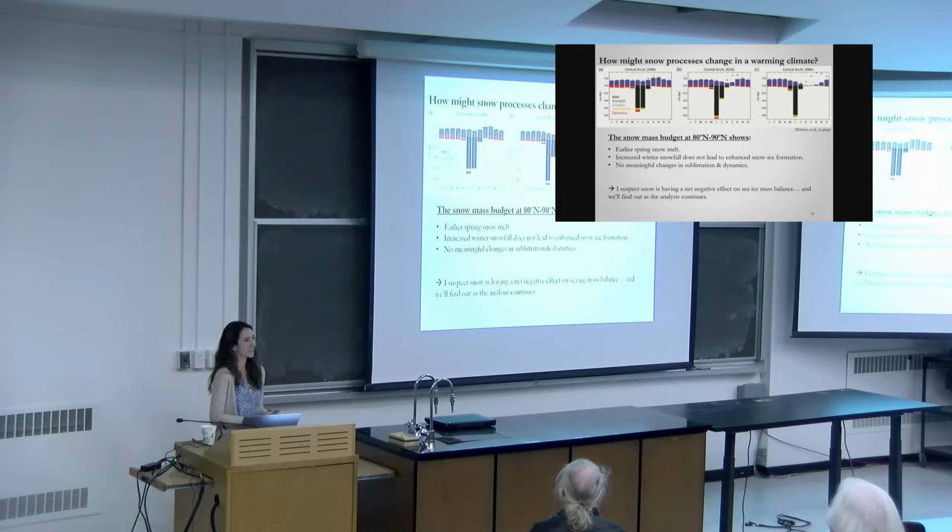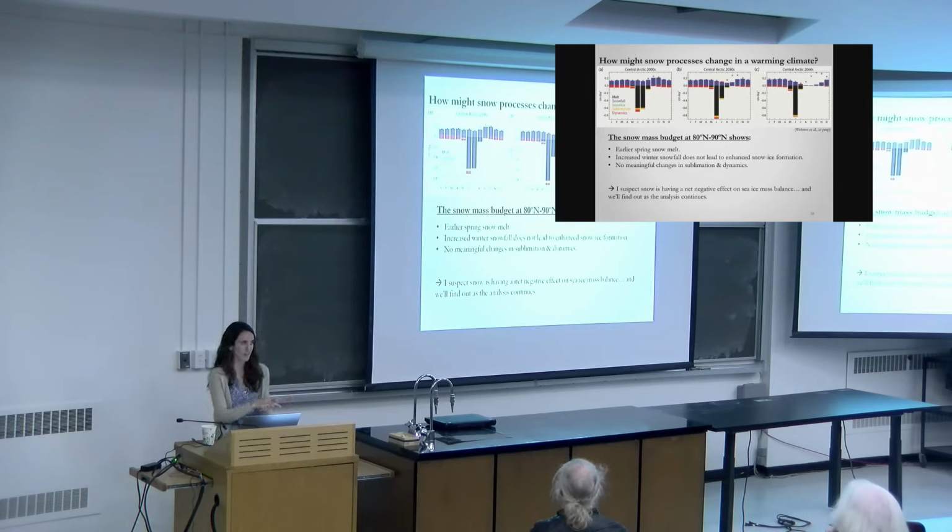There weren't really any meaningful changes in the sublimation or the dynamics of snow. When I say dynamics, that means ice is ridging and some of the snow goes into the water when ice collides. We also saw much earlier spring snowmelt, which affects the ice albedo feedback each summer. That may partly explain why we have greater ice loss in those later years.